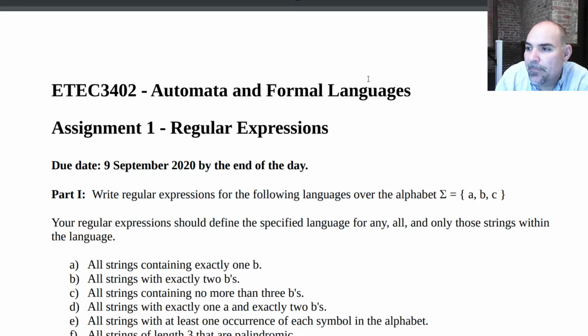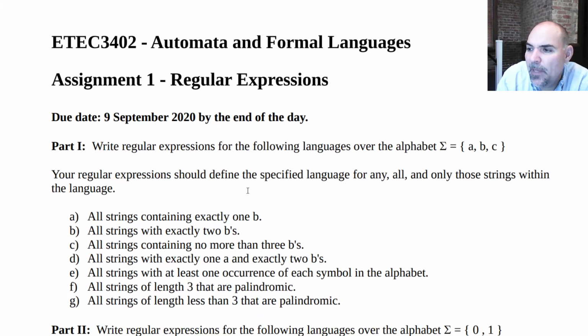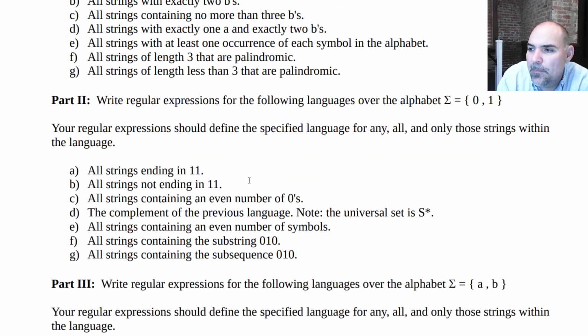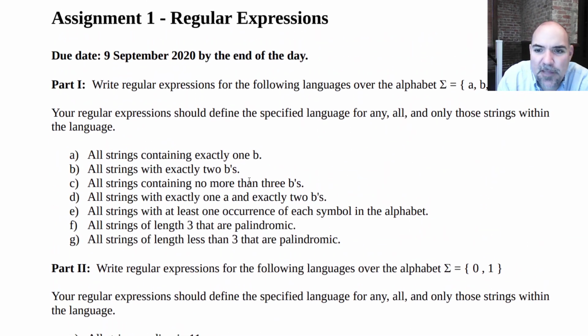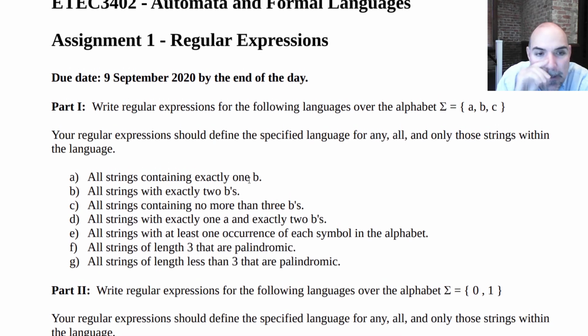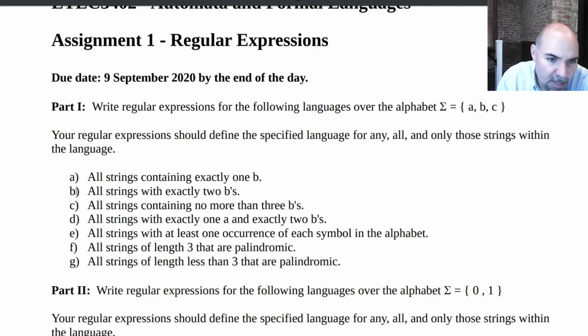So here's the lab. You notice it has a due date on it, and it consists of 3 parts, part 1, part 2, part 3. But really, you're doing the same thing in each of those parts. The first part says, write regular expressions for the following languages over the alphabet A, B, C. Then there are parts A through G for part 1.